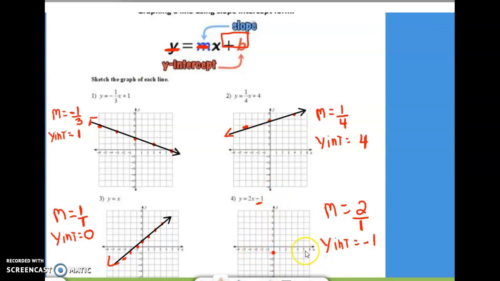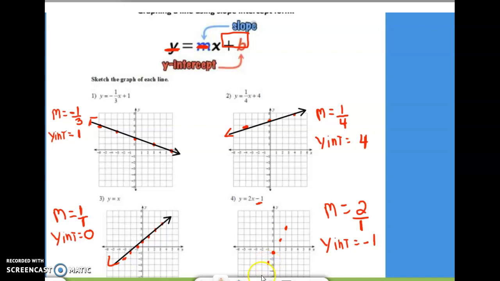We're going to have a positive slope, so left to right it's going to be going up. So we're going to go up 2, over 1. Up 2, over 1. And then let's do a couple backwards. Down 2, over 1.